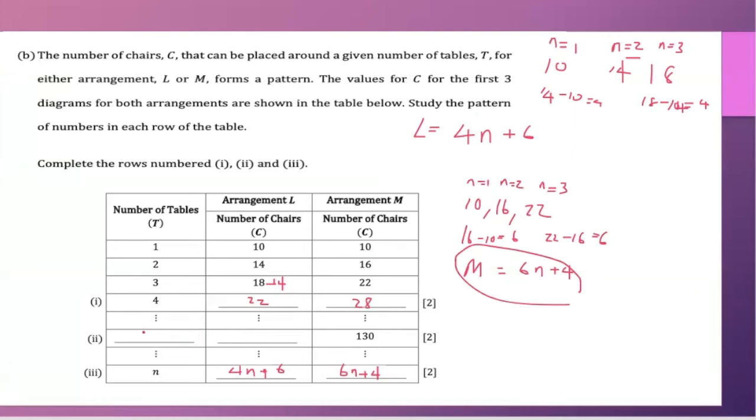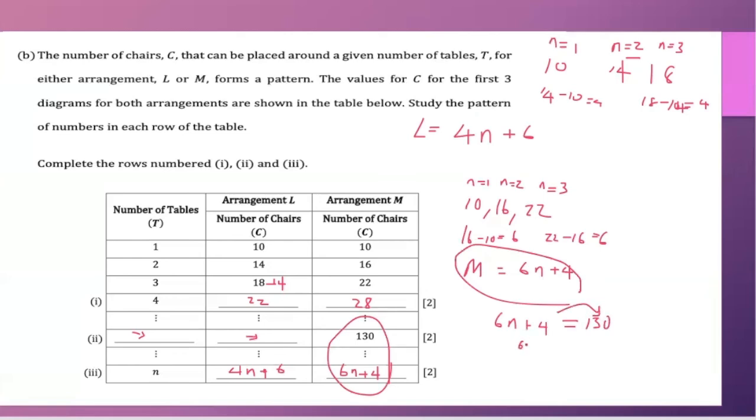Now the next thing I need to find is the number of tables and the number of chairs. Now here, this can tell me what n is. Because I have 6n plus 4, this is saying whatever n is, when I work it out, I will get 130. That's what that is saying. So to get n, I will carry the 4 over.